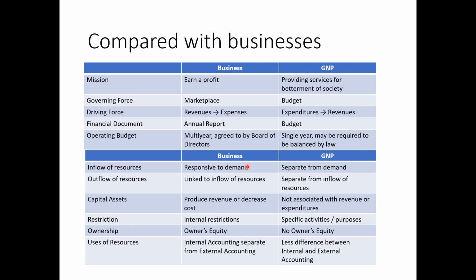In other words, the government and non-profit are not anticipating any return when they provide a service. For example, there's no direct relationship between tax paid by individual taxpayers and the service provided to those taxpayers. There's no direct relationship.